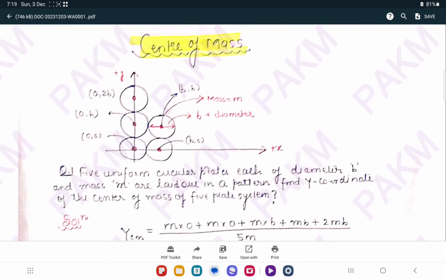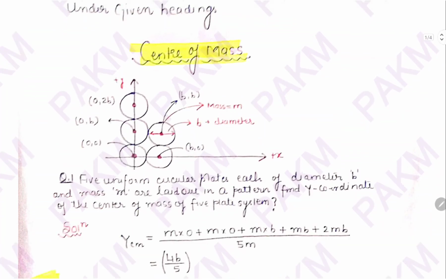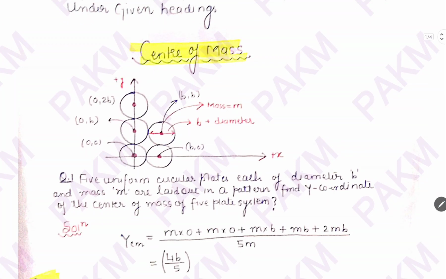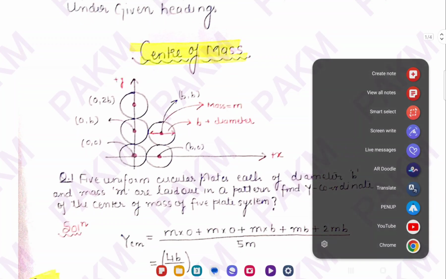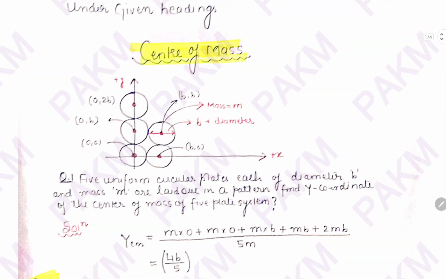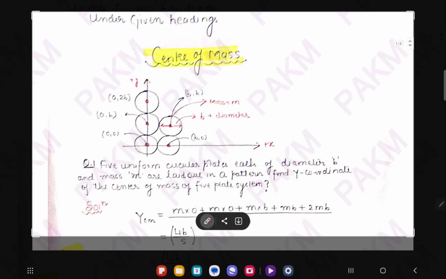Now in center of mass, you have already seen this problem number 1. Here those spheres were placed according to the given situation, and you have to locate the center of mass. So this is a question of a discrete body.